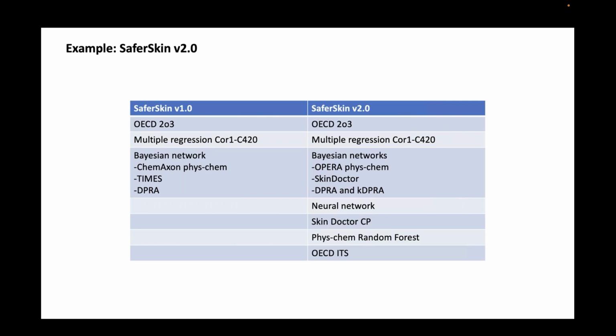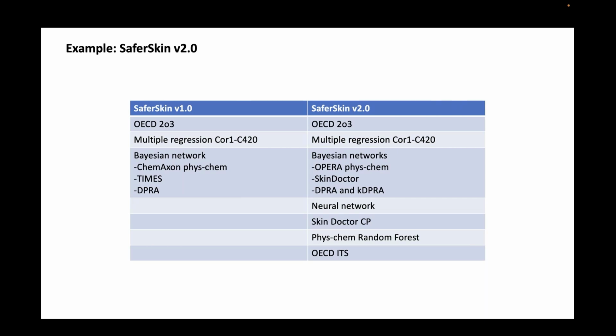One was 2 out of 3, which is a simple rule, and then multiple regression based on the variation of kinetic DPRA, and the Bayesian network, which was the most complex one. This approach was proposed by P&G, and we also implemented it using open source libraries in R and Python.